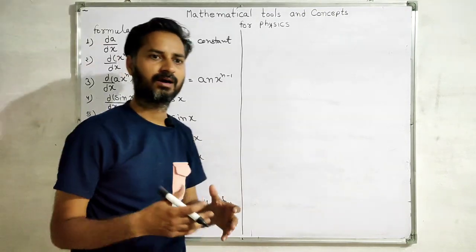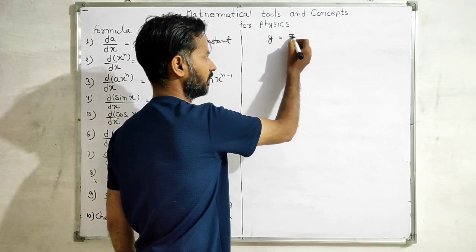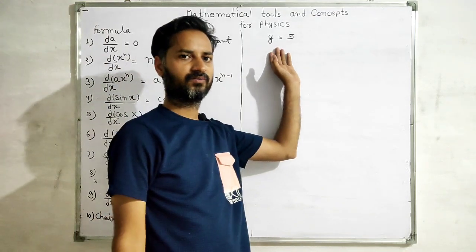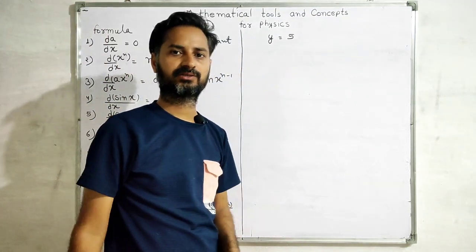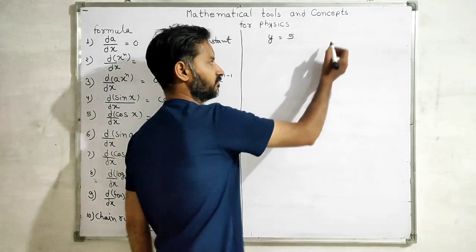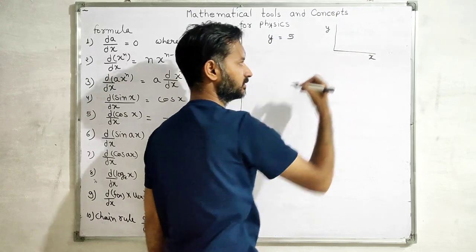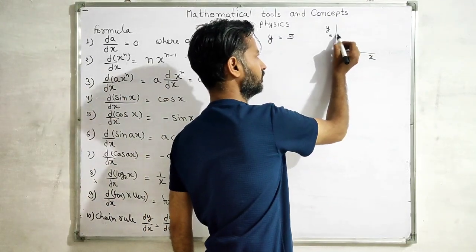Let we have a value y is equal to 5. Since here we are clear that y is not changing. So if we plot a graph y over x, then y have a fixed value 5.